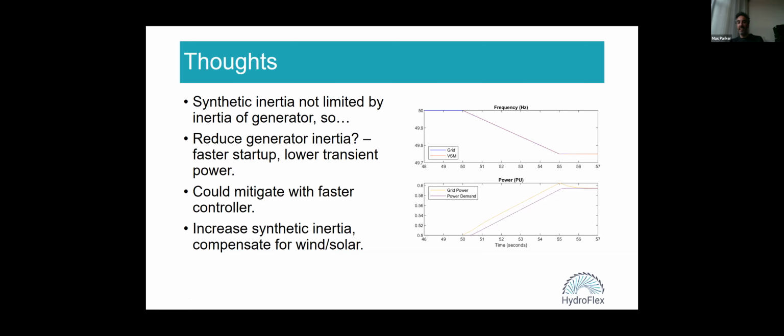Maybe you could mitigate that with a better overall controller. Or another option might be to further increase the synthetic inertia to compensate for the lower inertia from having more solar or wind penetration.